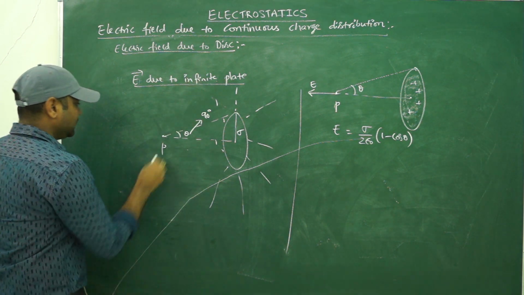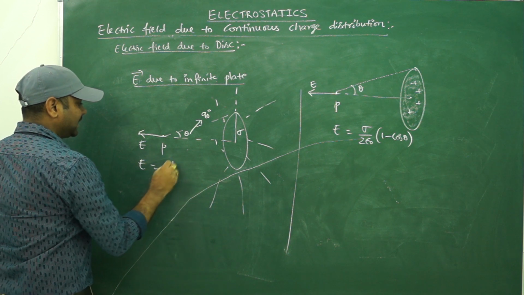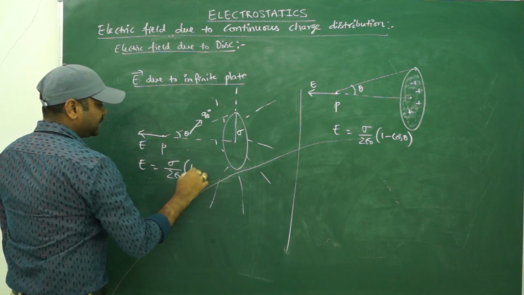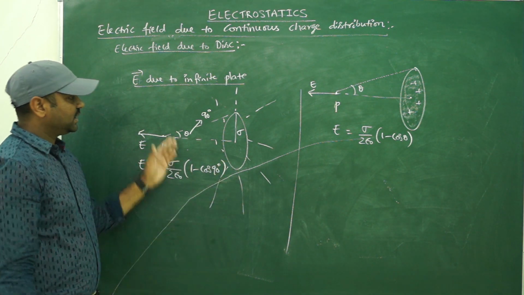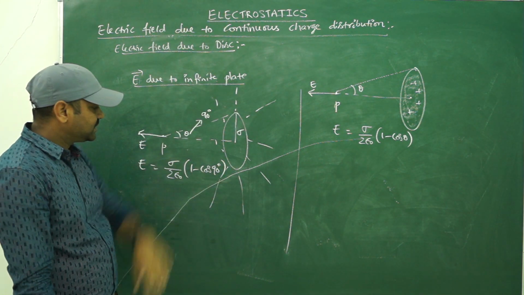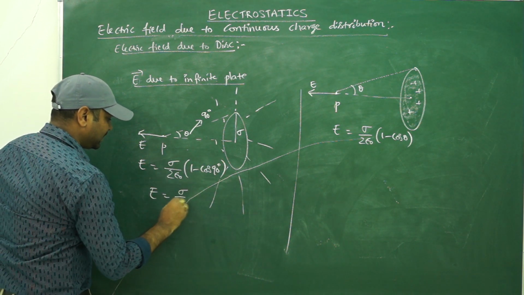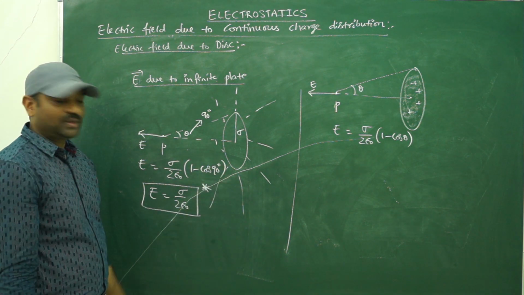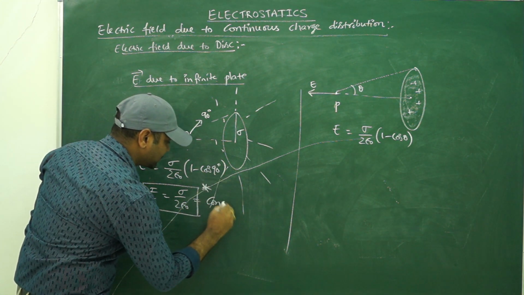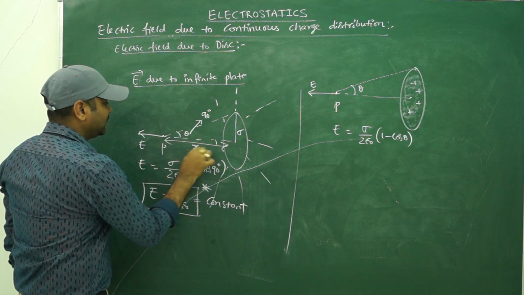So what will the field value be? Due to the infinitely long plate, the field is sigma by 2 epsilon naught into 1 minus cos 90. Theta becomes 90 because it is infinitely extended. Cos 90 goes to 0, so the field due to an infinitely long plate is sigma by 2 epsilon naught, which is constant and does not depend on the distance of the point from the plate.